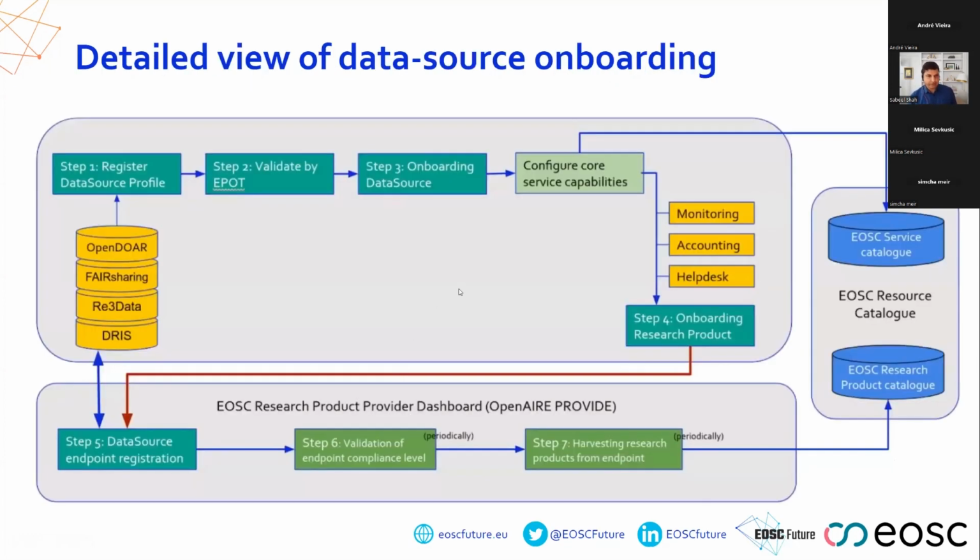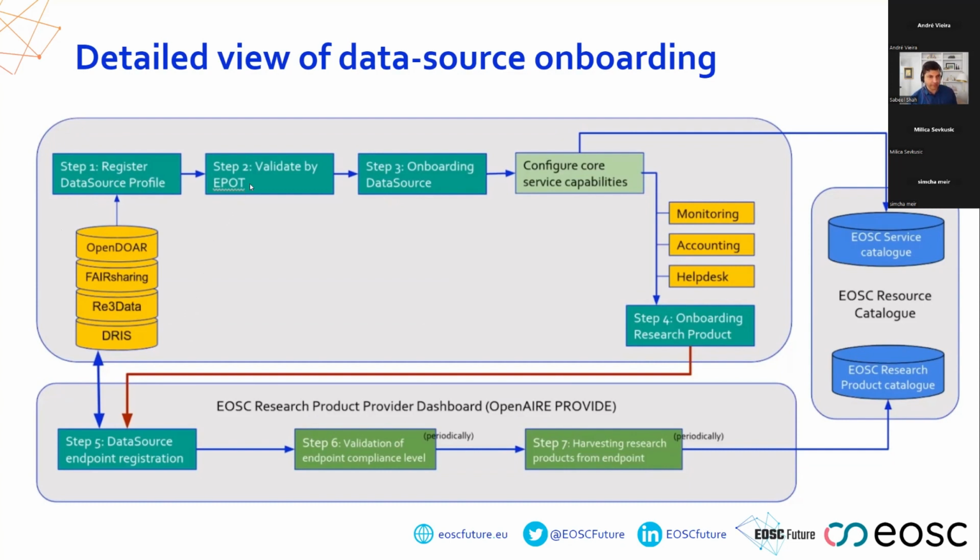So this is a detailed view of the onboarding of a data source. It consists of 7 steps. In the first step, a data source profile is selected. It can be either OpenDOAR, FAIR sharing, re3data, or DRIS.